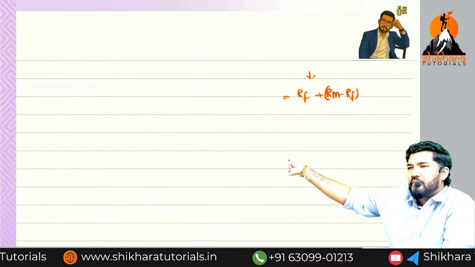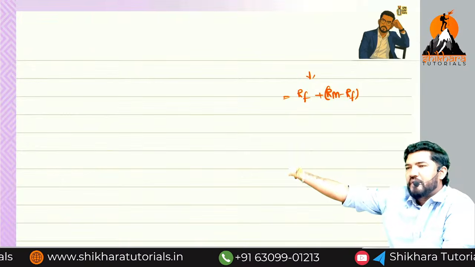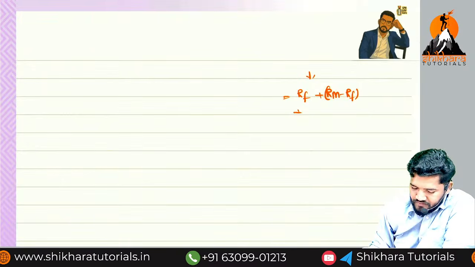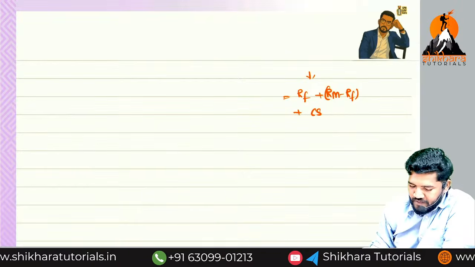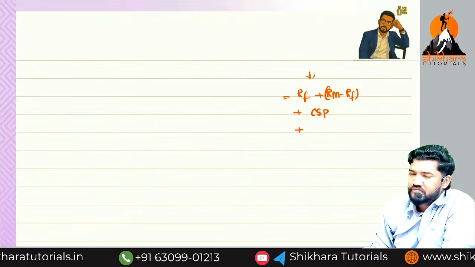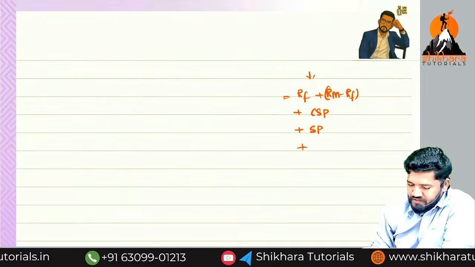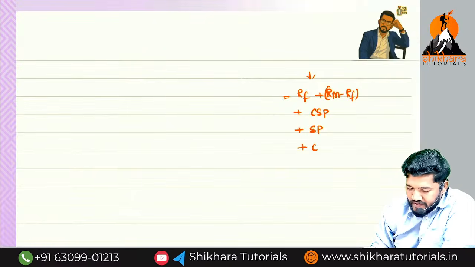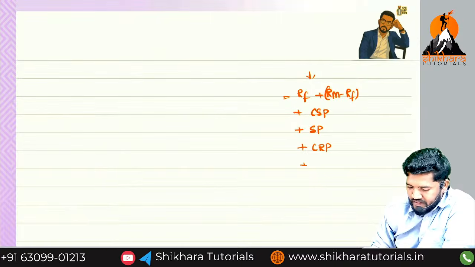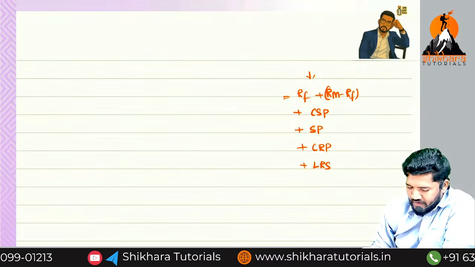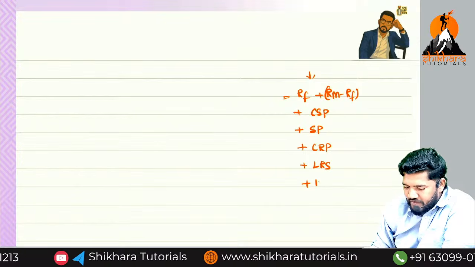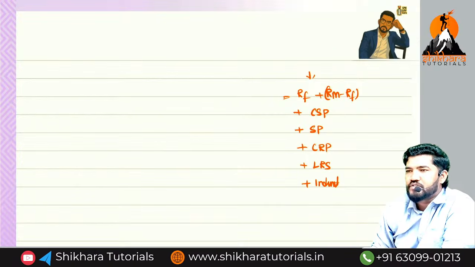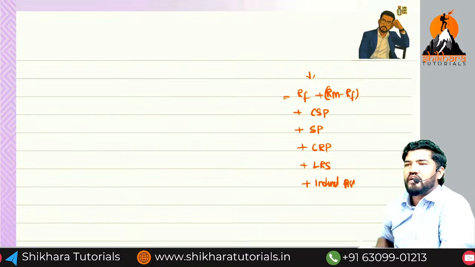Equity risk premium, or just risk premium, plus company specific premium, plus size premium, plus country risk premium. Next, liquidity risk premium, plus sometimes they will give industry risk premium also. Clear?